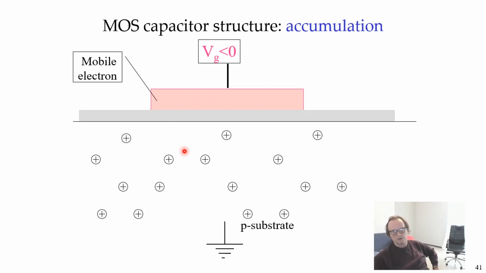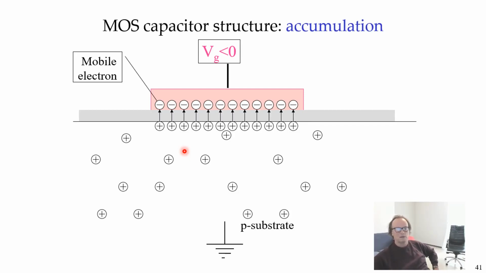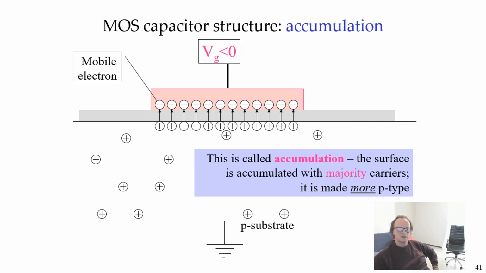So if we make the gate voltage negative and put negative electrons onto the gate, that attracts positive holes to the surface, and the substrate becomes even more P-type, even more unfriendly for electrons. And these arrows here indicate how the field lines from these mobile holes terminate on these mobile electrons up here. Okay? So this is called accumulation.